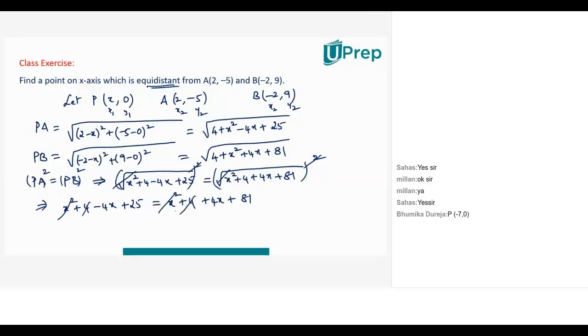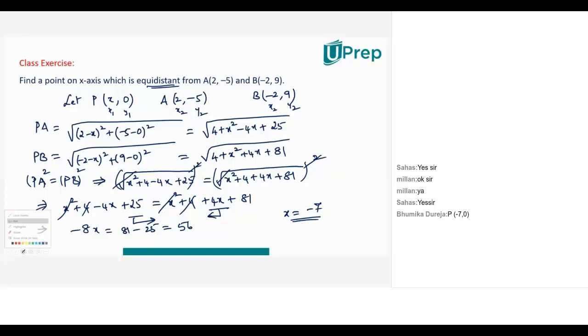That's what I wrote in one single line previously. It is PA square and PB square. Now square and square root cancels on both the sides. What is left out for me is simply x square plus 4 minus 4x plus 25 equal to x square plus 4 plus 4x plus 81. I wantedly did not add 4 and 25 because x square and 4 cancels out.